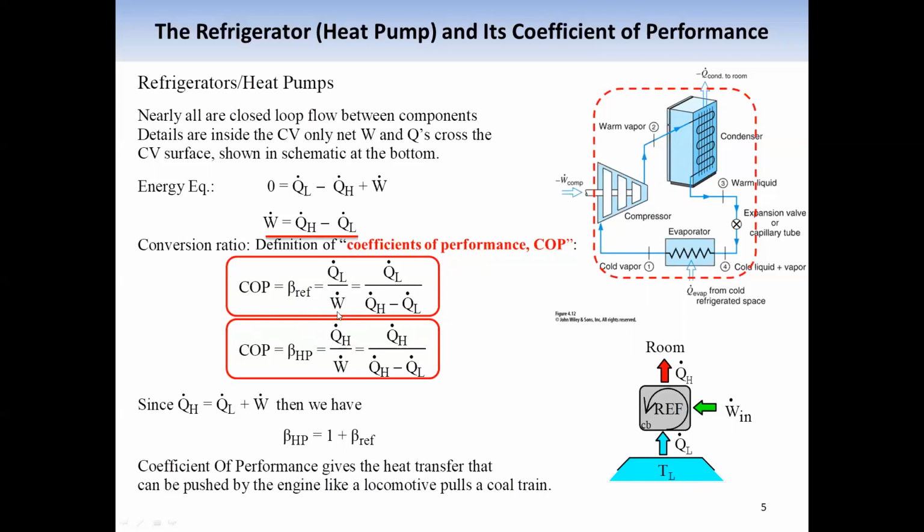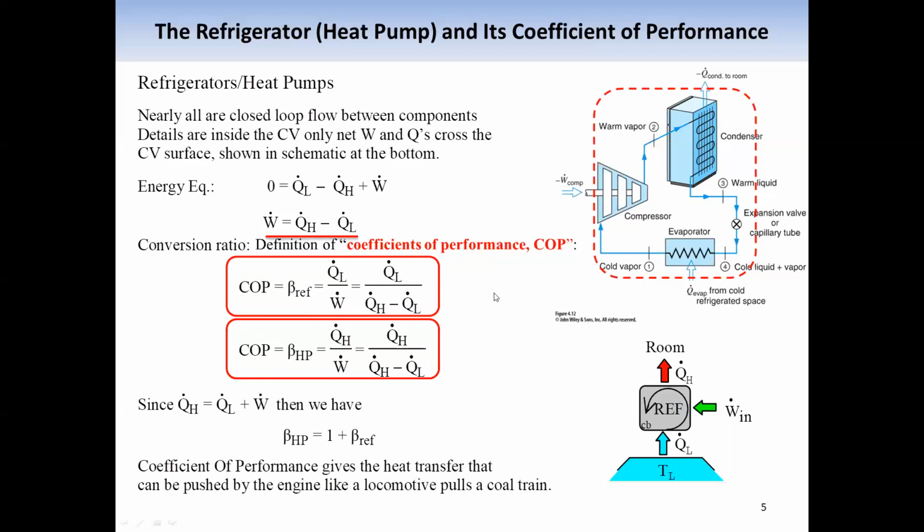This work is provided by the electricity. So that means how much heat can be removed from the refrigerator versus the consumption of electrical energy. And if we replace this W term, we get this expression.